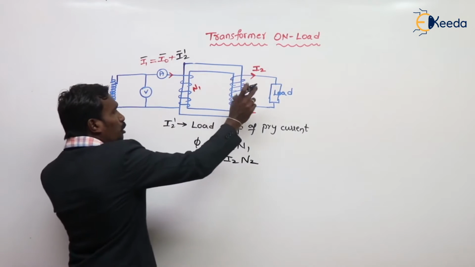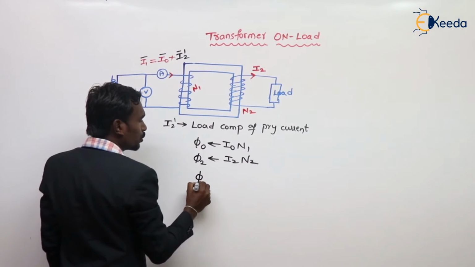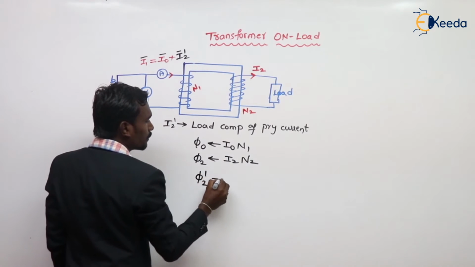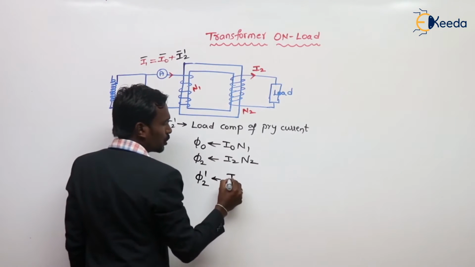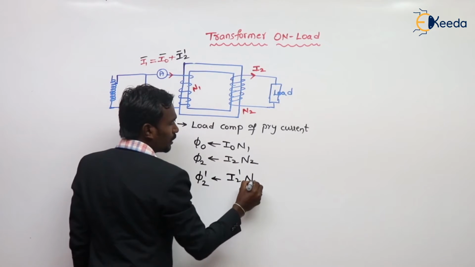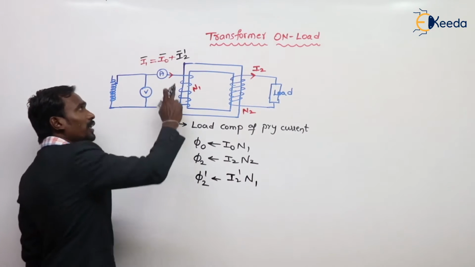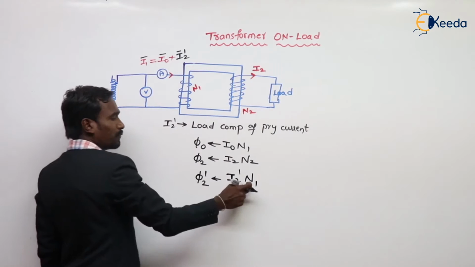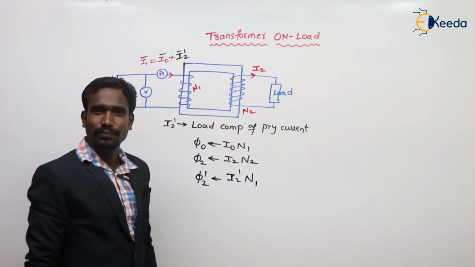But when the load is connected, some extra current is added in the primary. Due to that, some extra flux is produced. That is phi 2 dash, due to the I2 dash current flowing through N1 turns.